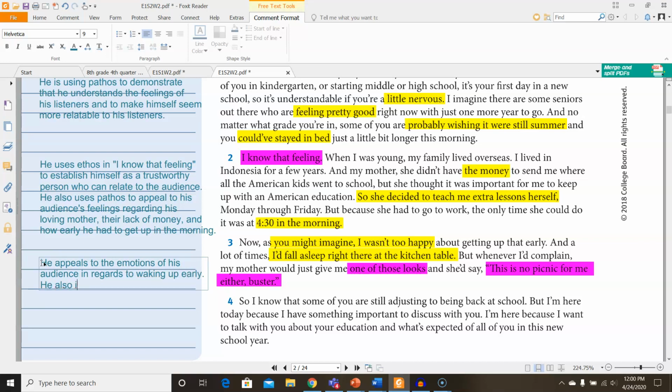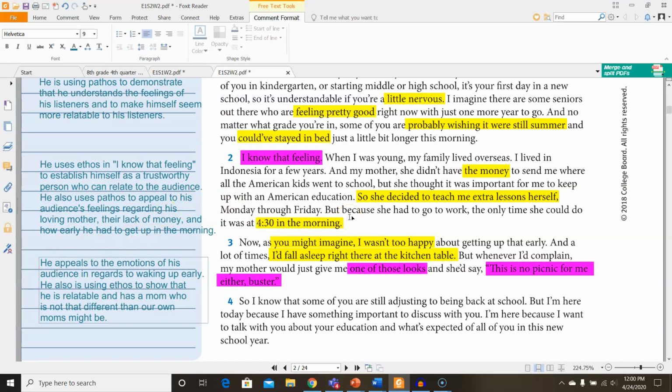He also is using ethos to show that he is relatable and has a mom who is not that different than our own moms might be. And even if your mom isn't like that, because of the way that we've seen moms portrayed in the media, we could definitely imagine this kind of mom.